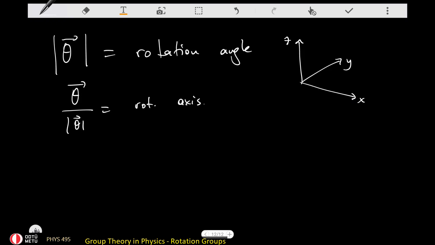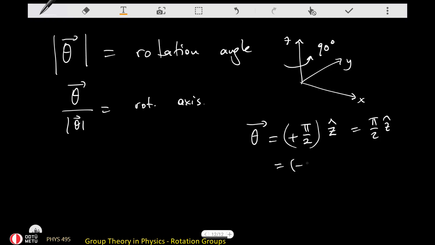Suppose that I would like to describe a rotation around the z-axis by 90 degrees, in which case, again, in all of these cases, I'm going to use this right-hand rule. So therefore, this vector would be plus pi/2, which is the rotation angle, multiplied with the z unit vector. So I'll just describe this rotation by a vector whose magnitude is pi/2 and whose direction is z. Or I can equivalently describe this as a rotation around minus z by an angle of minus pi/2. So that's going to give me the same vector.